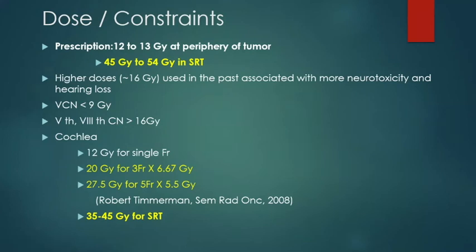In radiation oncology we call it ALARA, which is as low as reasonably achievable. Other things are basically applied to the 20 gray in 3 fraction and 5 fraction arrangements, where the Timmerman paper is very, very important. That can tell you that 20 gray in case of 3 fractions or 27.5 gray in case of 5 fractions is an acceptable cochlear dose.